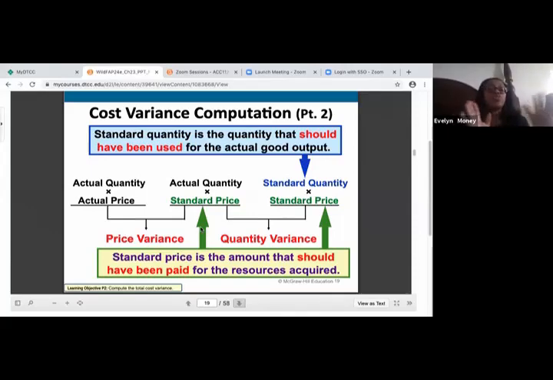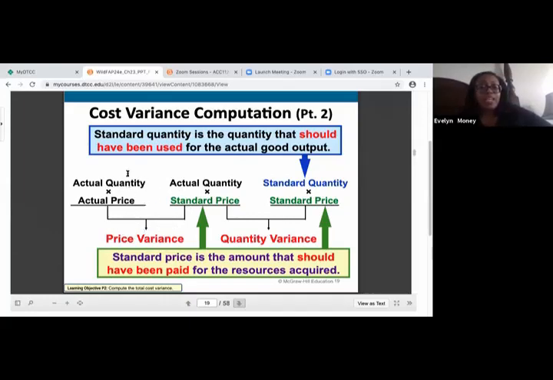Materials has two variances. It could be a price variance or it could be a quantity variance. And then there is an overall variance for materials. And when I say variance, I mean I'm looking at the primary overall difference between actual numbers versus standard. But to find the price variance, I isolate these items to only focus on what's different.